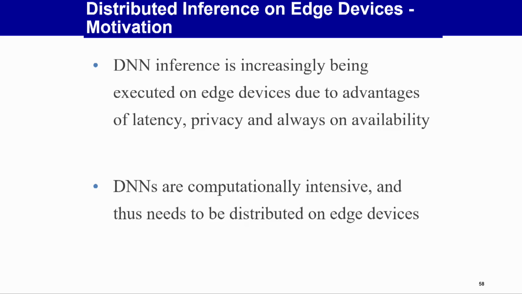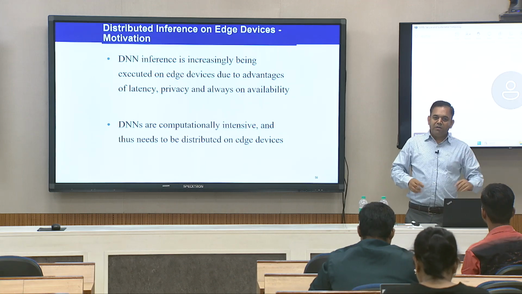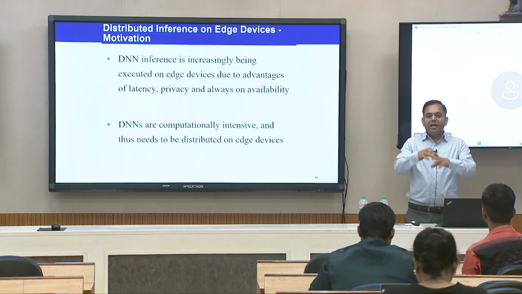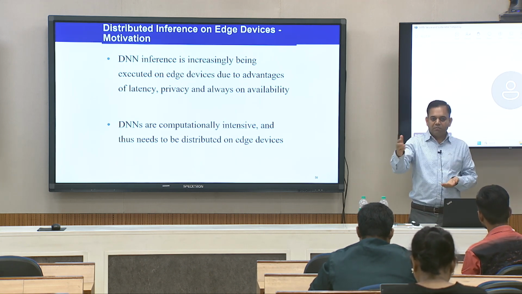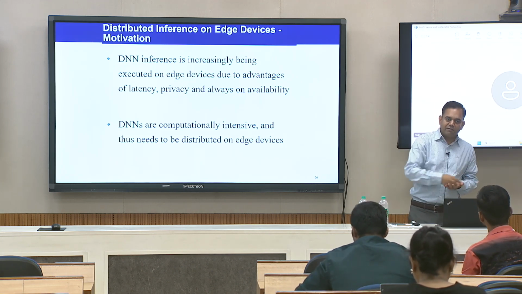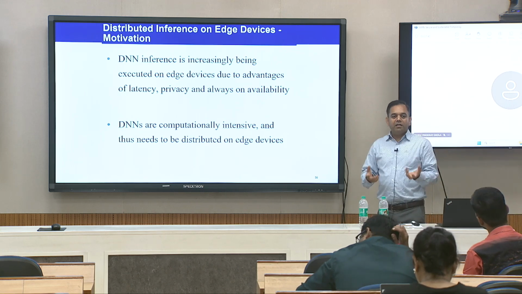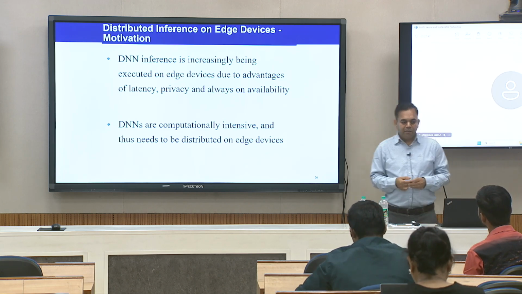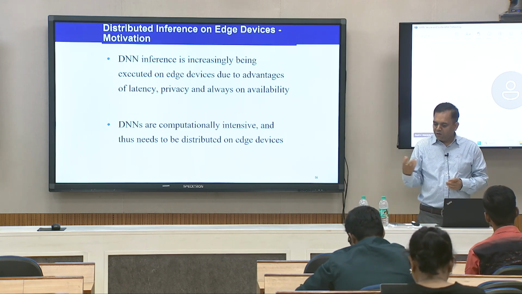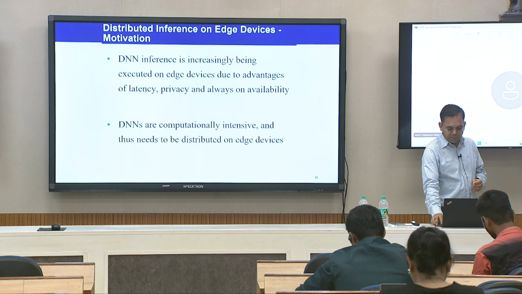So I can try a couple of phones, or my phone and laptop, or maybe my TV at home. I can fit the whole model into these three devices. So chop it and put some fraction here, some fraction there. That is why this kind of distributed DNN is coming into the picture, because they are still very big and cannot be executed on a single device.